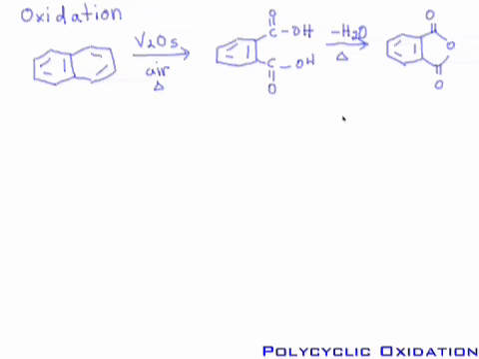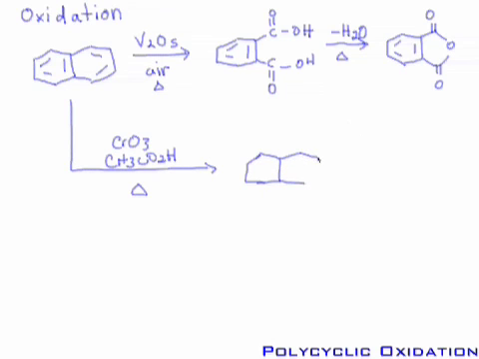Now, what's really interesting is we can do even milder oxidations. For example, I can take CrO3 in acetic acid, apply some heat, and I can make a 22% yield of this molecule, a 1,4-naphthoquinone.